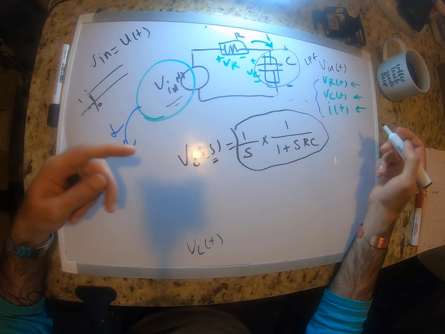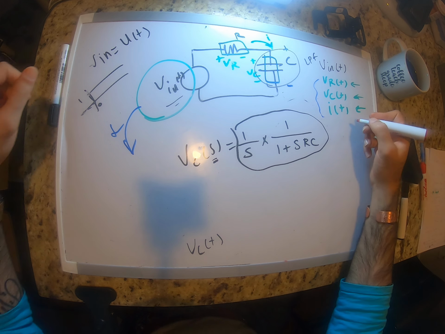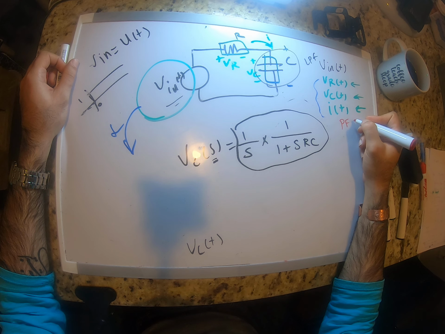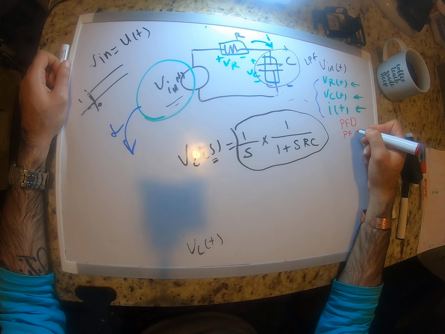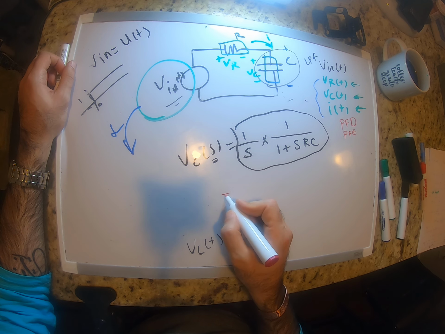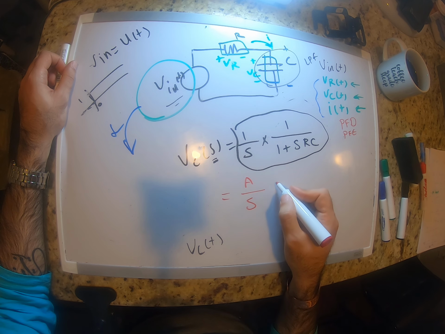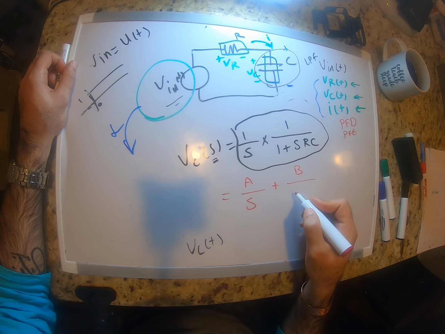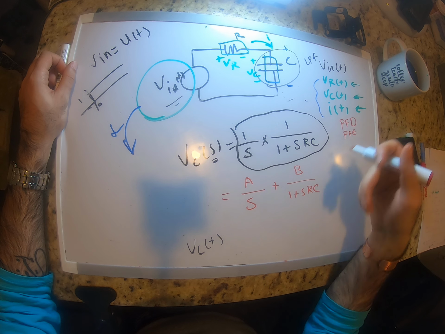But if you remember, before the spring break, we saw a concept called partial fraction decomposition, or partial fraction expansion, PFE. It means that I can write this as A divided by S plus B divided by 1 plus SRC.